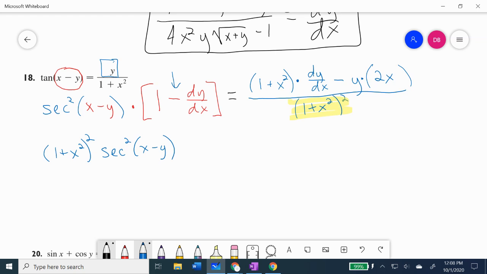And with what I'm seeing there, I'm going to save my time. Distributing this over, first I multiply by 1, there it is, minus it times dy dx.